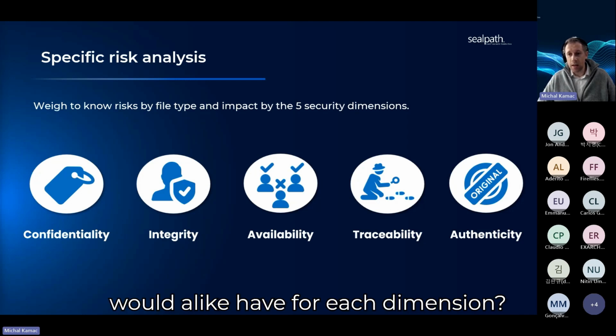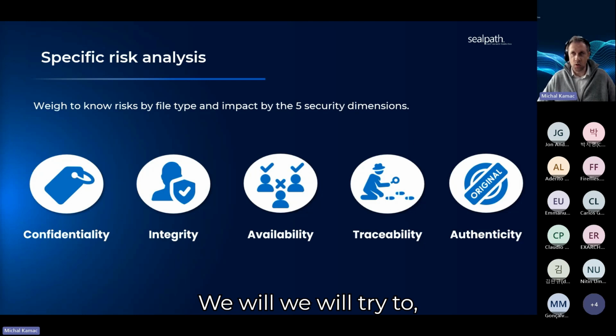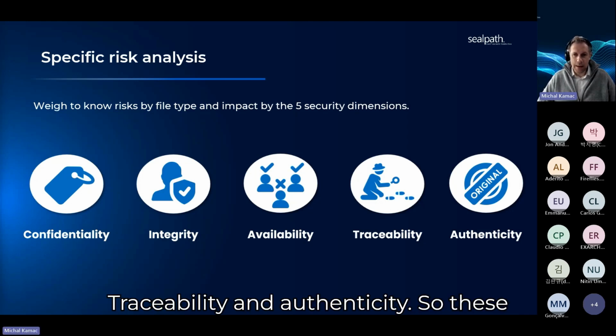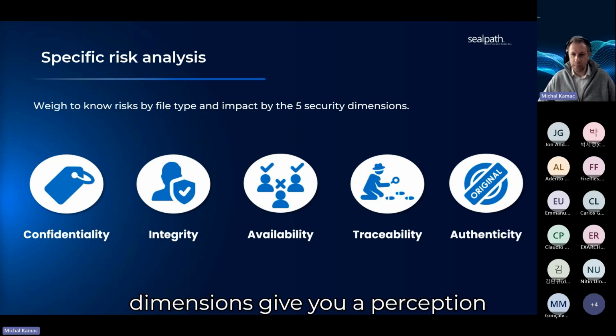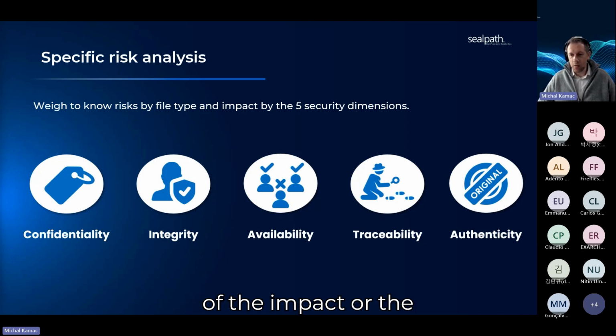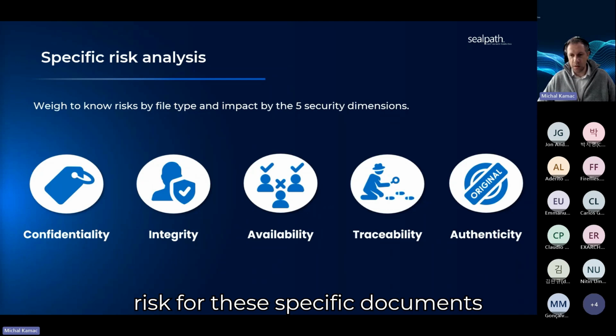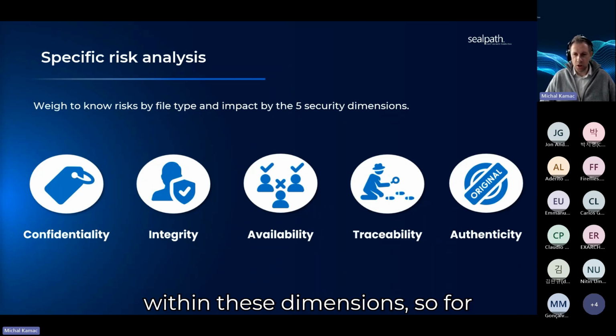Okay, so what impact would a leak have for each dimension? We will try to find this out, and the five security dimensions are confidentiality, integrity, availability, traceability, and authenticity. So these dimensions give you a perception of the impact or the risk for these specific documents within these dimensions.